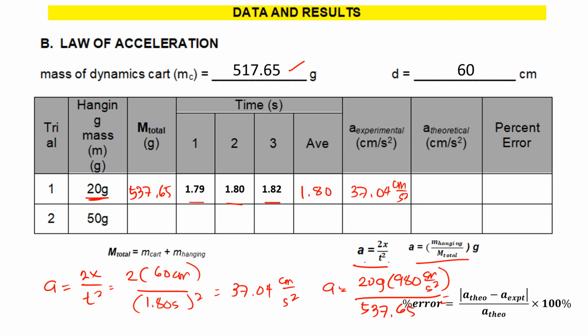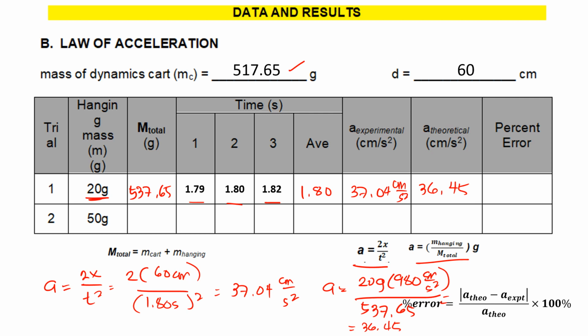Equal to 20 times 980 divided by 537.65. The answer here is 36.45. So I'm going to write here the theoretical value, 36.45.